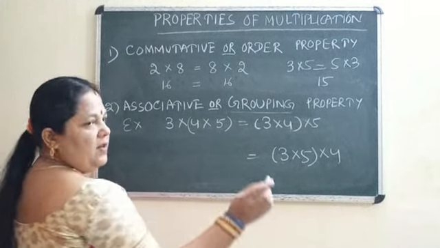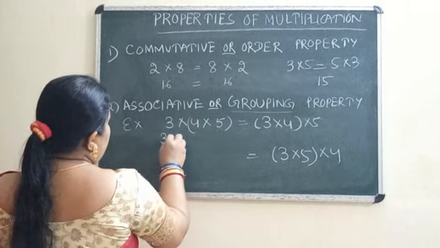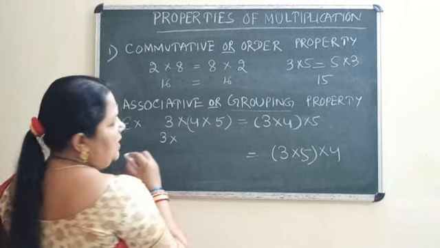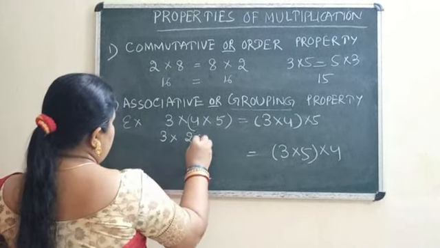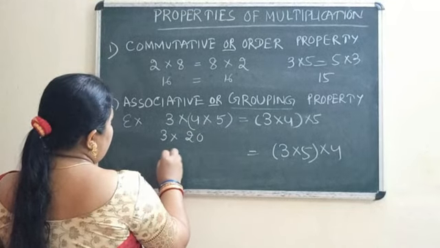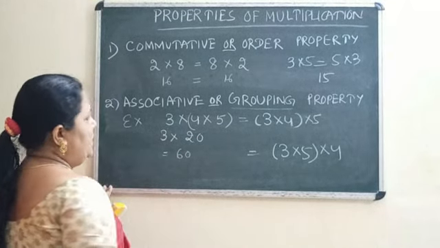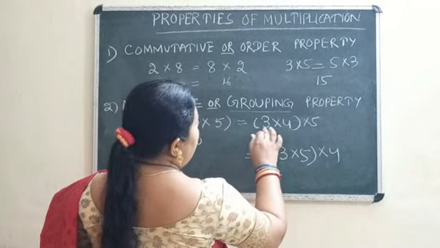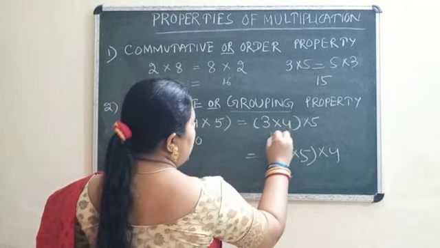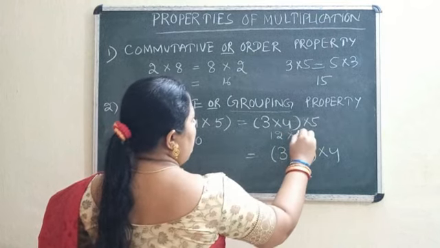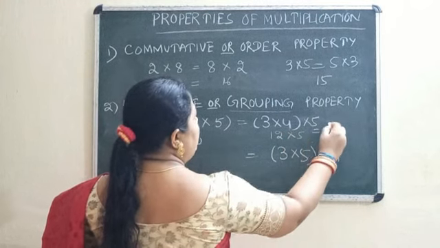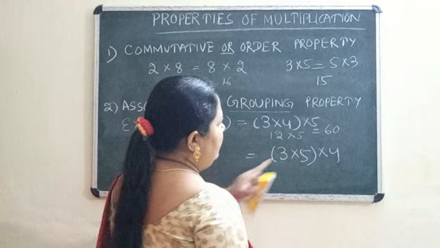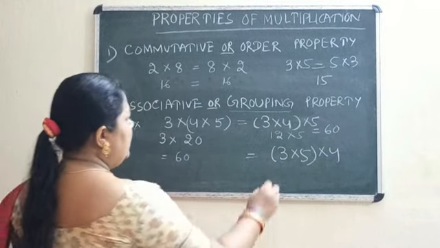So start our multiplication. 4 5s are how much? 20. So 20 into 3, how much is it coming? 60. 3 20s are 60. If we come to this group, 3 4s are how much? 12 into 5. 12 5s are 60. Clear?